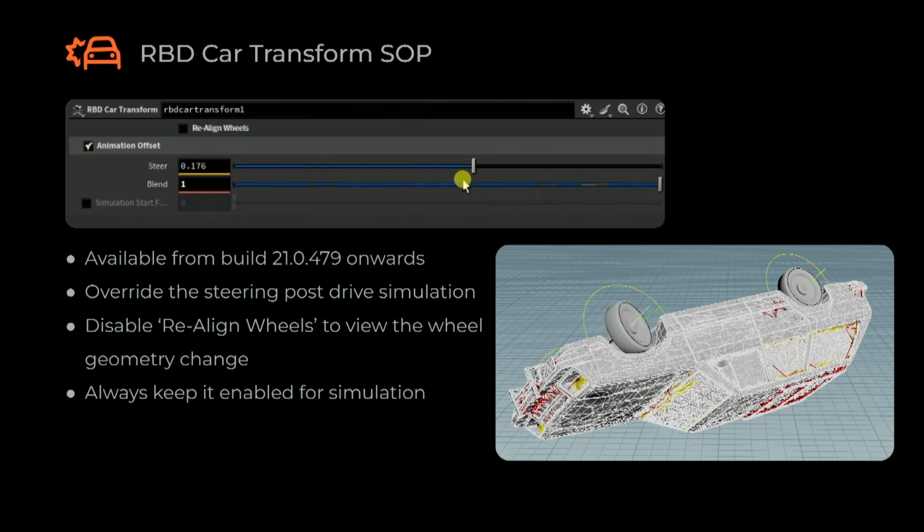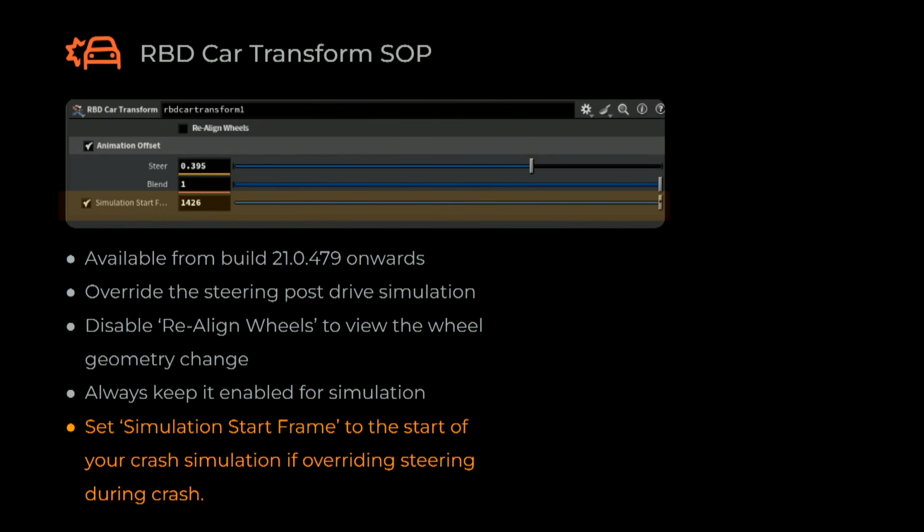Anyways, you also have an additional start frame parameter, which is most of the time going to be the same as your simulation start frame, because this is what this node uses as its rest frame to update the goal twist and goal up axes.